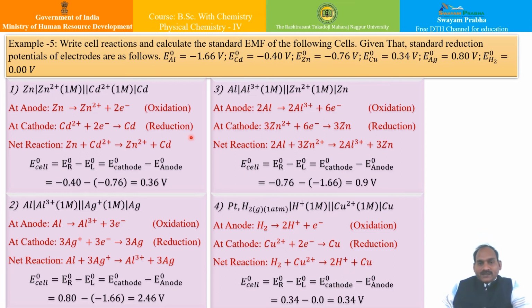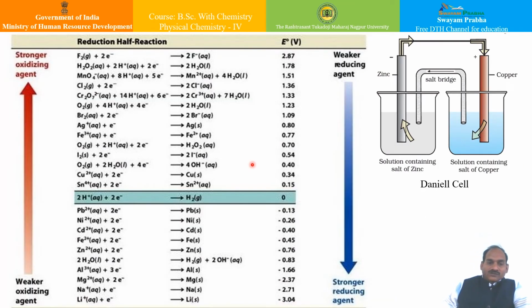Okay, let us move ahead. So basically this is a very important concept of standard half cell reactions, or arranging the standard half cell reactions. Sometimes metals like platinum or gold are used as inert electrodes.